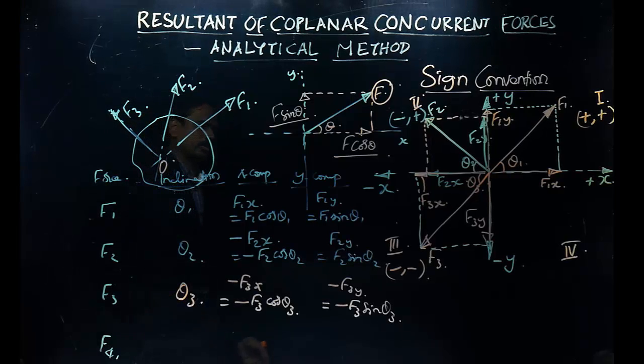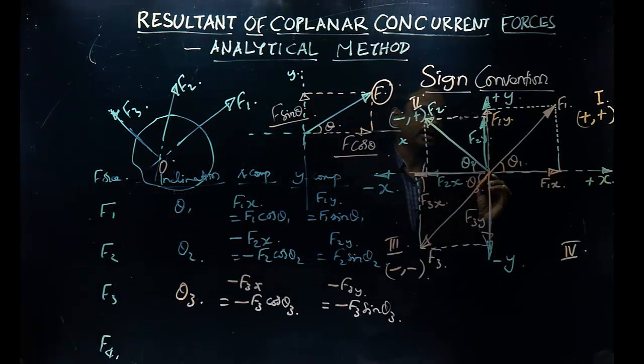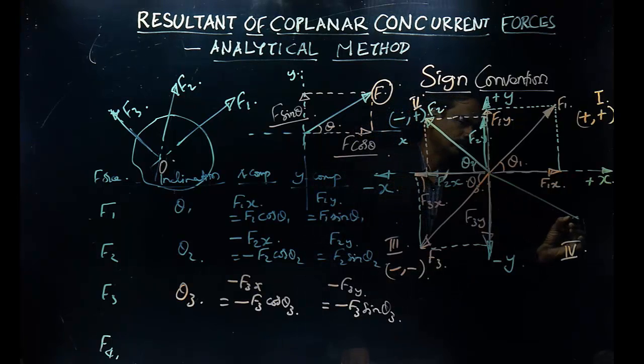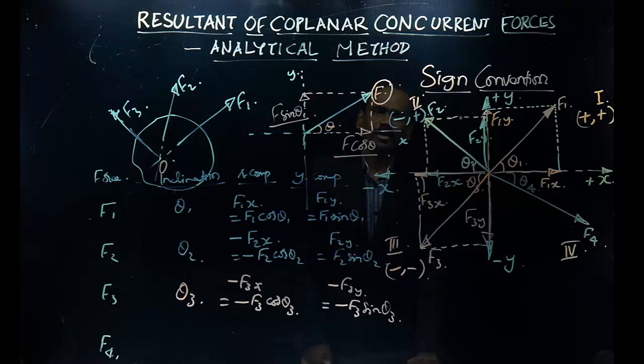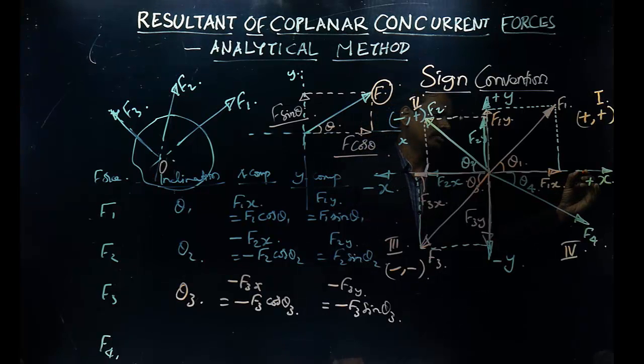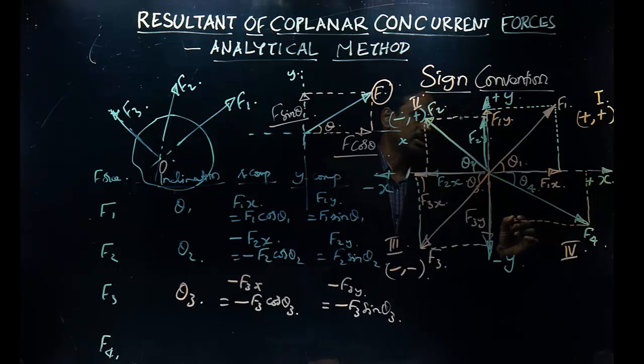And finally F4, let's say that is lying in the fourth quadrant. Some force, we do not know the magnitude, just it is F4, and let its inclination with respect to x-axis be theta 4. Again we can find the components of this force, draw lines parallel to x and y axis.